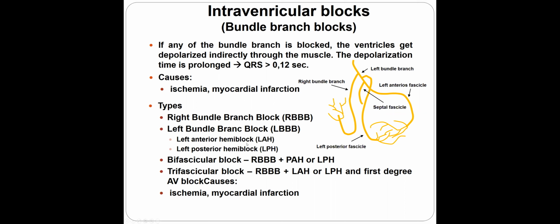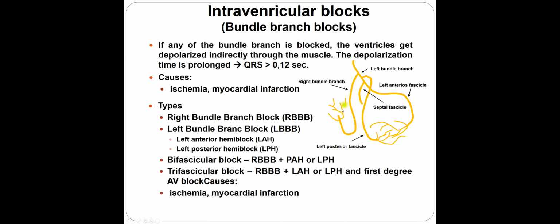Now, what types of bundle branch blocks do we have? It's called a right bundle branch block when we have no conduction toward the right bundle branch. What will happen? The impulse activates the left side first, and after that the muscle conduction is going to activate the right side. The left bundle branch block is the opposite, but we don't have both at once because different coronary arteries supply these different areas.